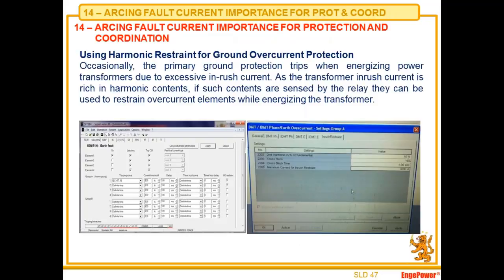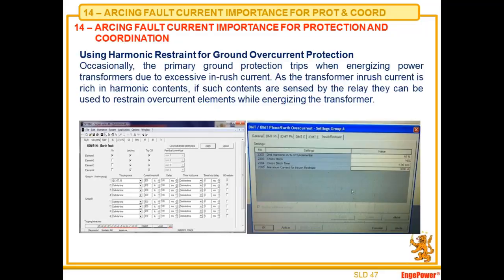Another important thing that people take a little time to understand: sometimes when you energize a transformer, the inrush current trips the ground fault elements. And why do they trip sometimes? Most of the time it is an application error. People sometimes put residual connections of CTs in low resistance ground systems, and you may have this kind of situation.